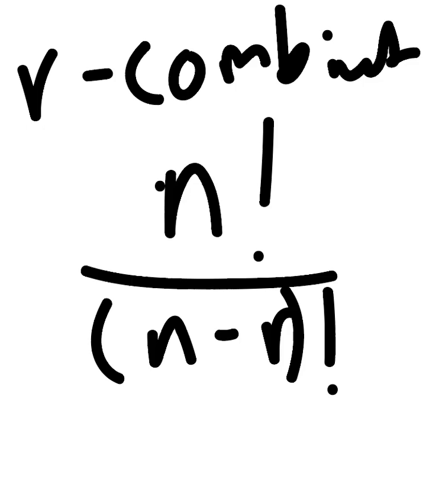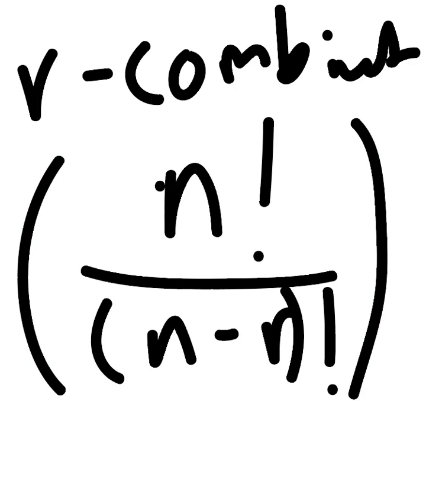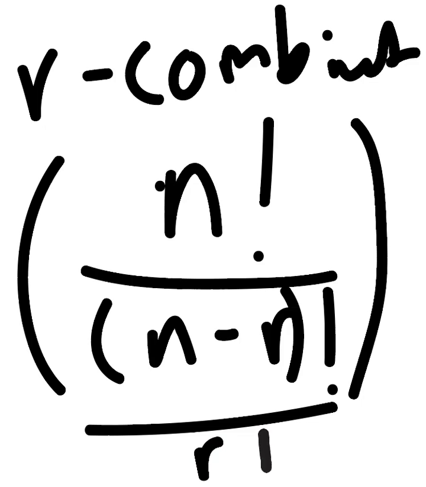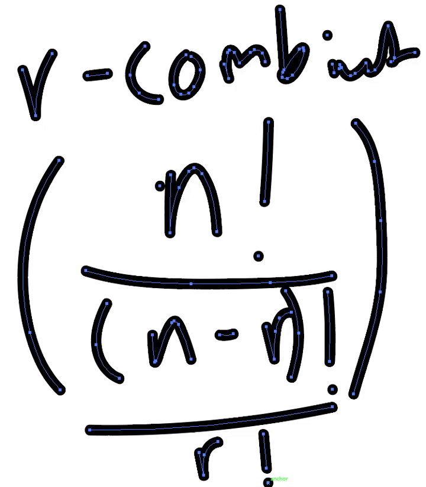And we discussed just now that we can divide this by R factorial to find the number of combinations corresponding to this many permutations, right? Because each combination has R factorial corresponding permutations, and we divide this whole thing by R factorial to find the number of R combinations.